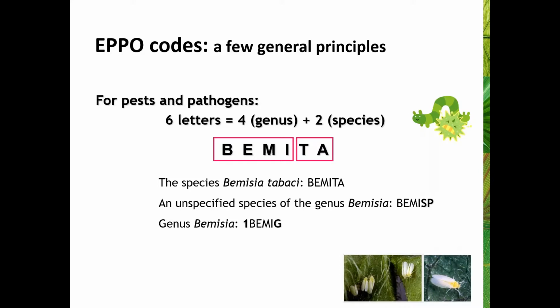And again, the genus always starts with 1, finishing by a J. And again, we have a consistent ending for unspecified species within the genus. The difference with plants, it's not SS for pests and pathogens, but SP.